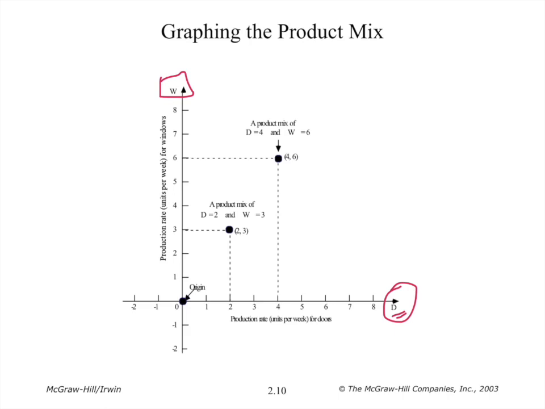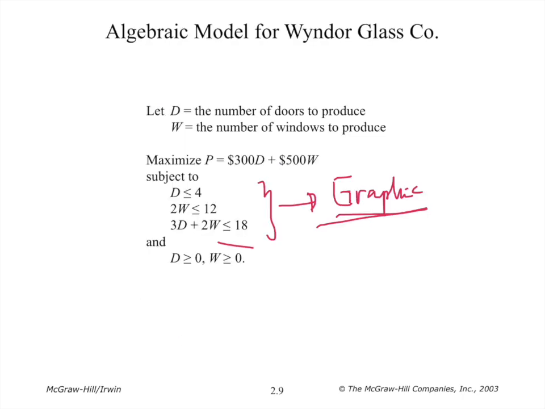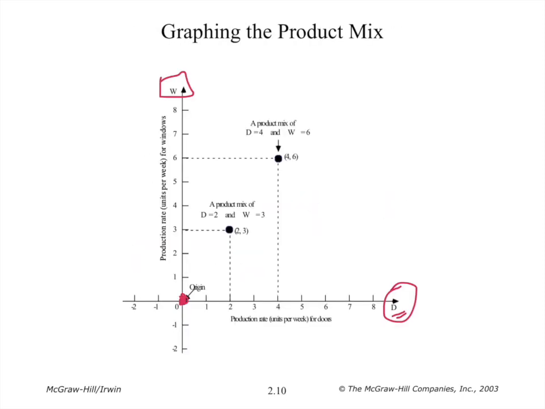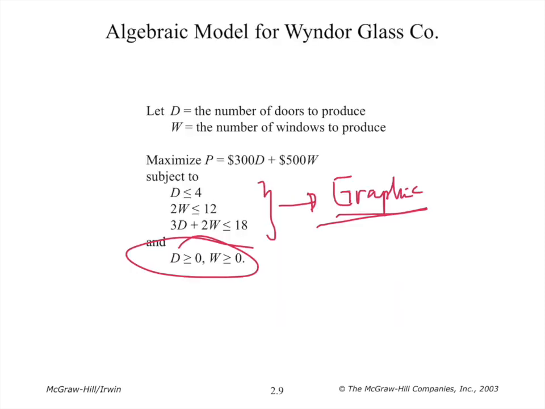So we have the point 0, 0, from this equation. And then we have the point here, the doors must be lower than or equal to 4.